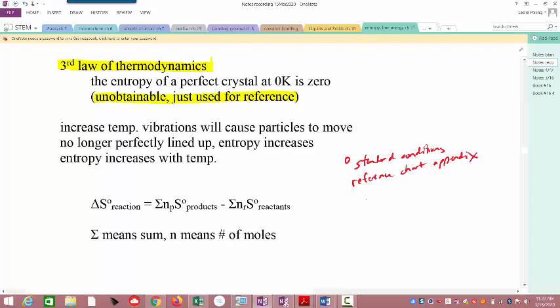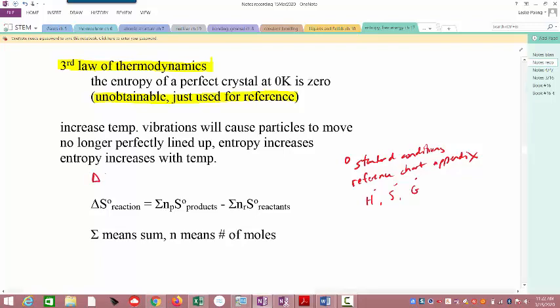It has H values, S values, and G values, all at 0 and all probably the delta in between them. Okay, so moles times the entropy for the products, sum them all up, minus the reactants.